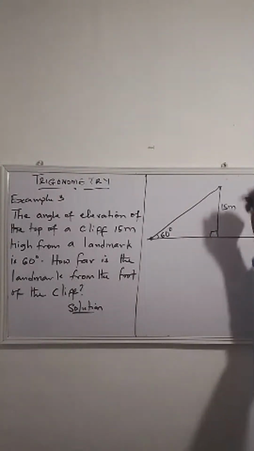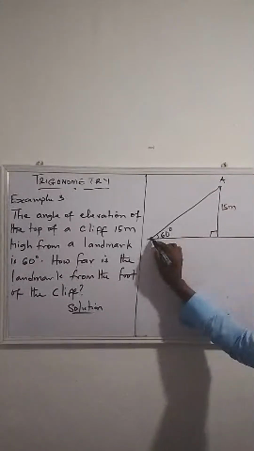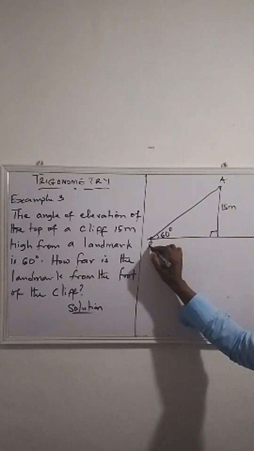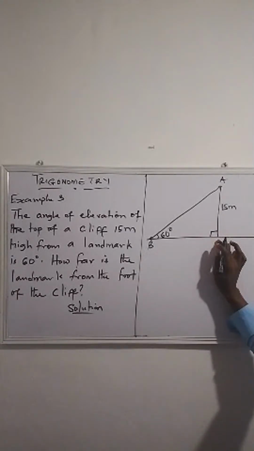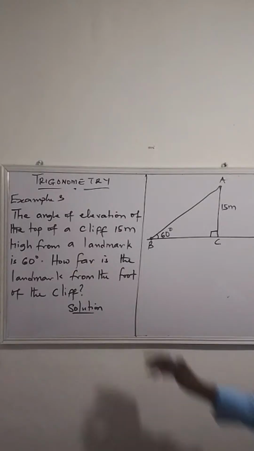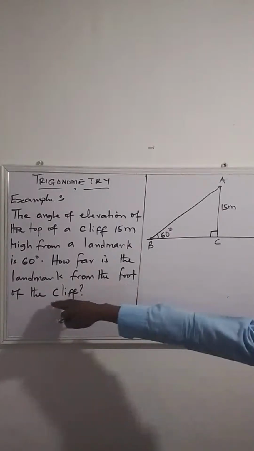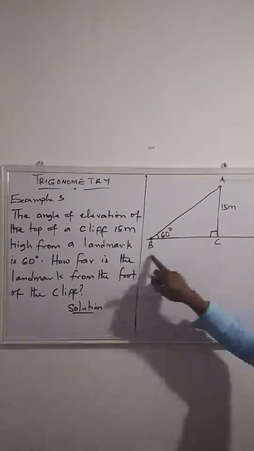Now let's name the top of the cliff A, the landmark B, and the foot of the cliff C. The question wants us to get how far the landmark is from the foot of the cliff. We want to get length BC.